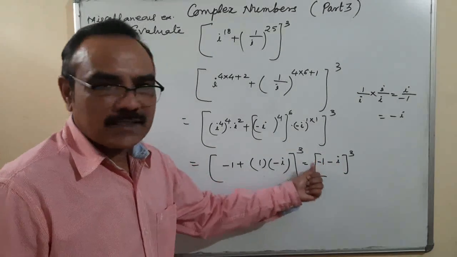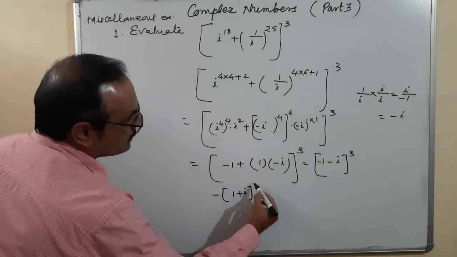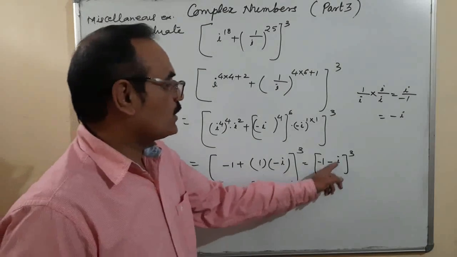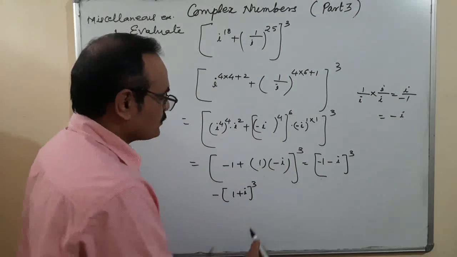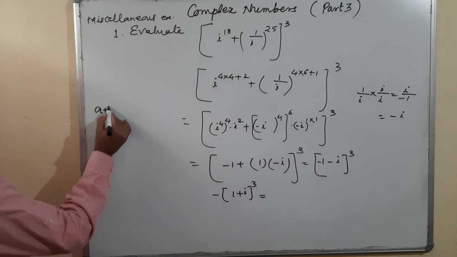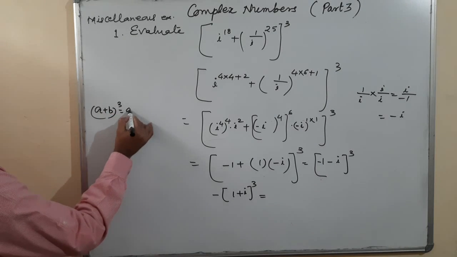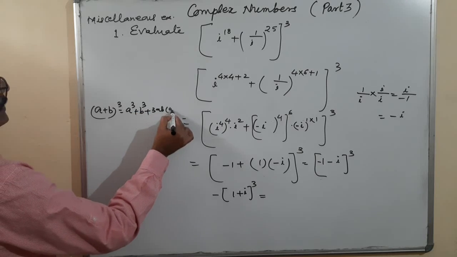If I take the minus sign out, then what is this? (1 plus i) to the power 3, because minus 1 to the power 3 is minus 1, and now here we are using the identity: a plus b whole cube. What is it? It is a cube plus b cube plus 3ab into (a plus b).